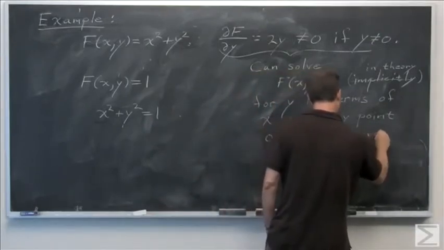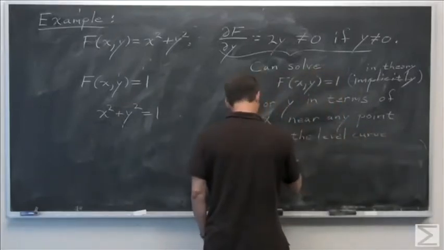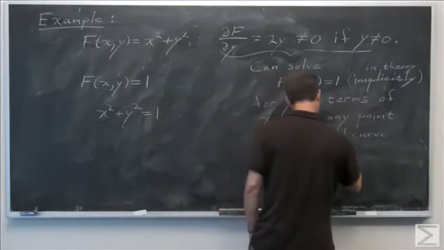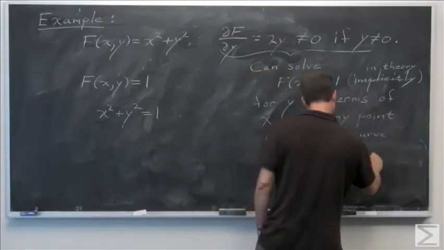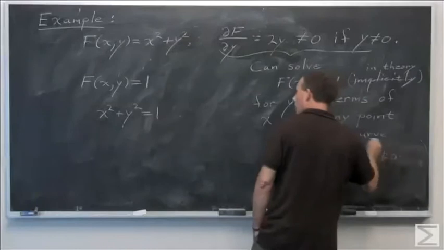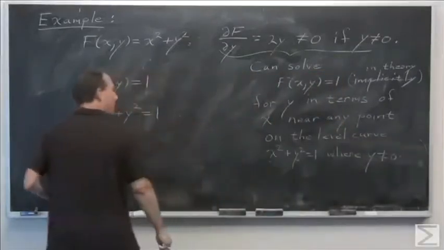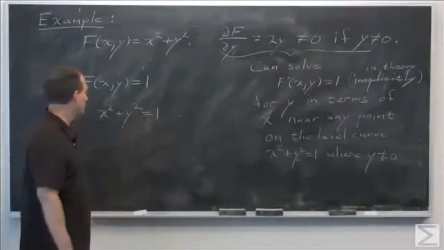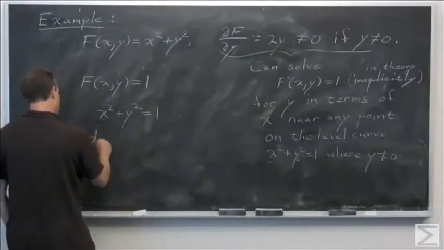So it has to be on the level curve. But you need where y is unequal to 0. As I said, this is what we saw before. Great. And, okay, then what is dy dx?